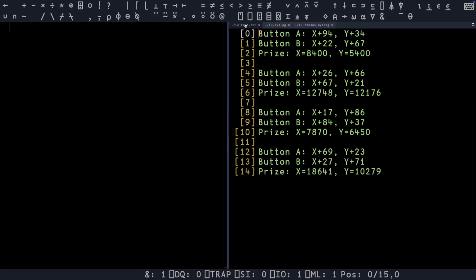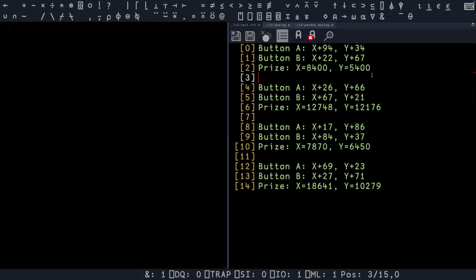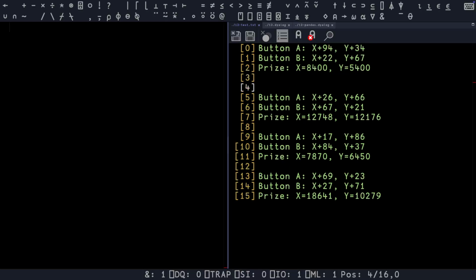But anyway, this is our test input. When I say system of linear equations, we can think about it like if we read along the columns here, we have 2 unknown variables: x, which is the number of times that we have to press button A, and y, which is the number of times that we have to press button B. And if you squint, this can be 94x plus 22y equals 8400.